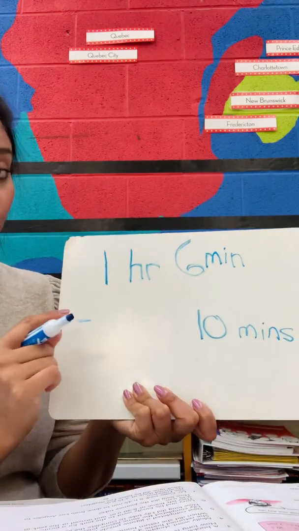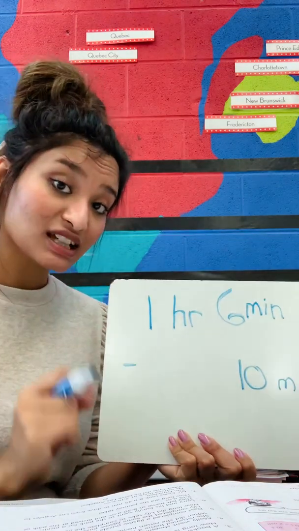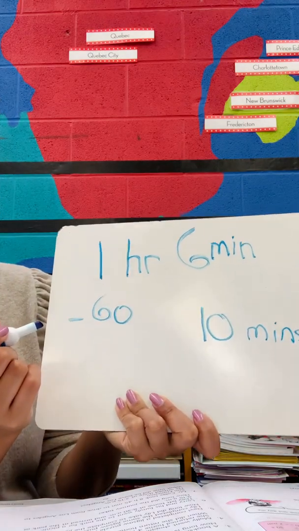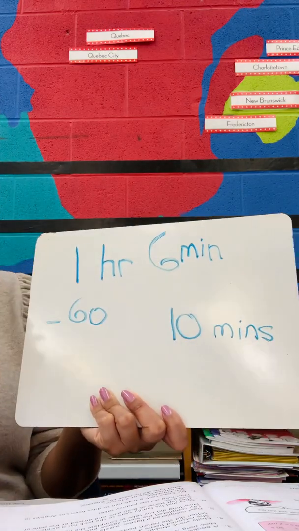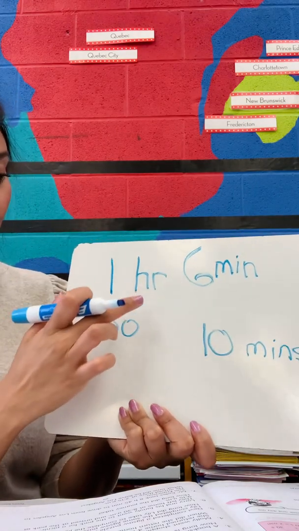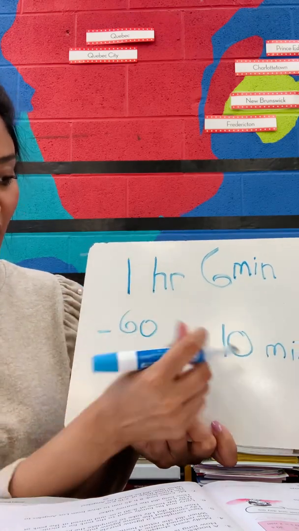So what we need to do is subtract. We know that 1 hour means 60 minutes, and we have 6 minutes over here. So how are we going to do it? We are going to take 60 and subtract our 10 minutes.